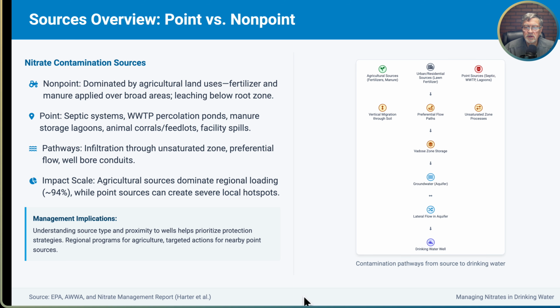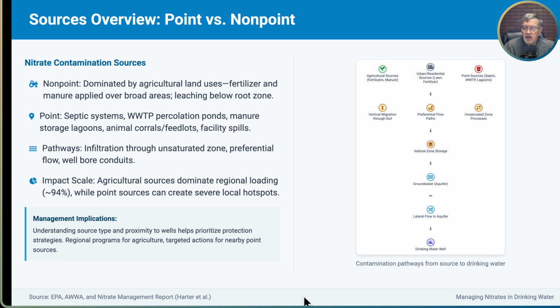We have a diagram here that shows our sources. Our agricultural sources are non-point sources, and lawn fertilizer in residential areas would also be considered non-point. Then your point sources are septic, wastewater treatment plants, lagoons, animal feedlots, those types of things.